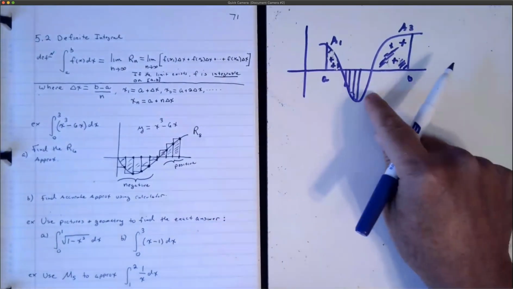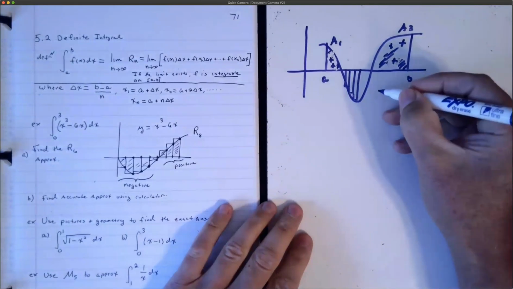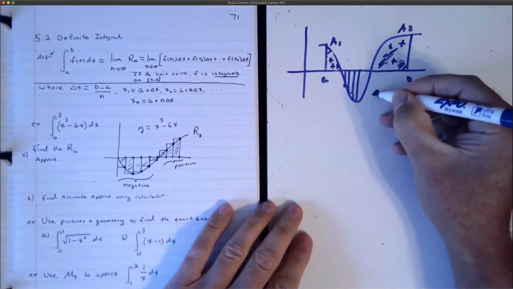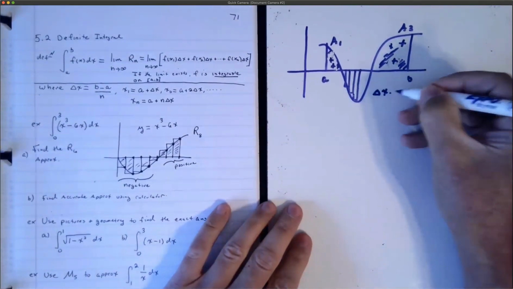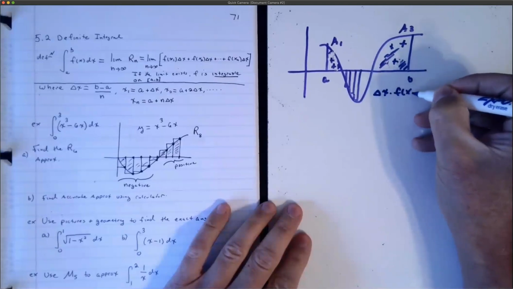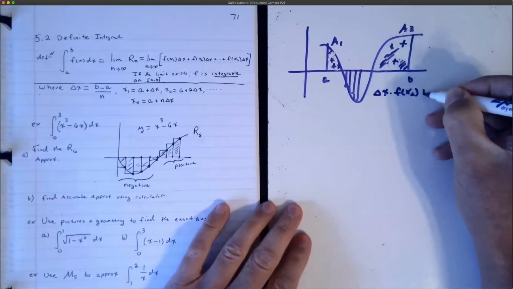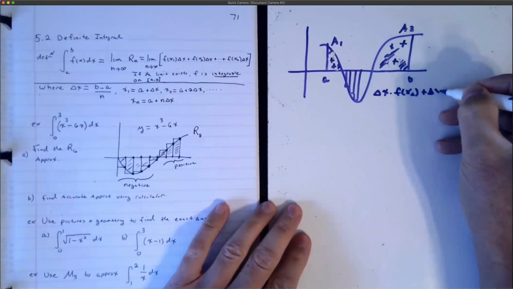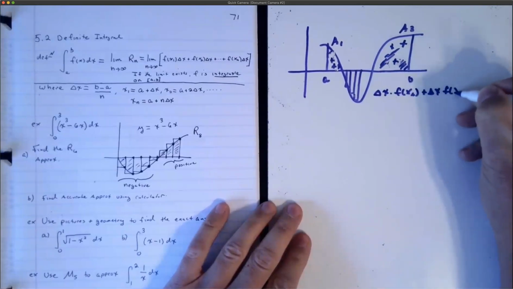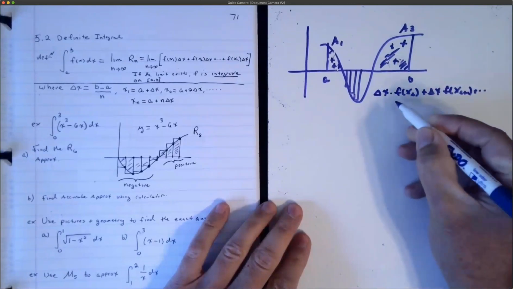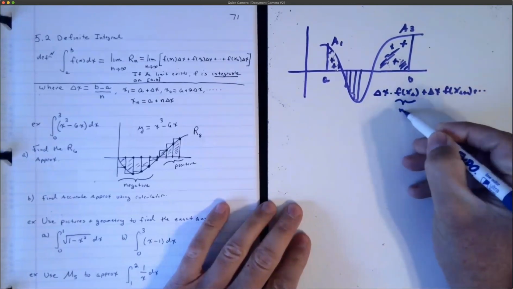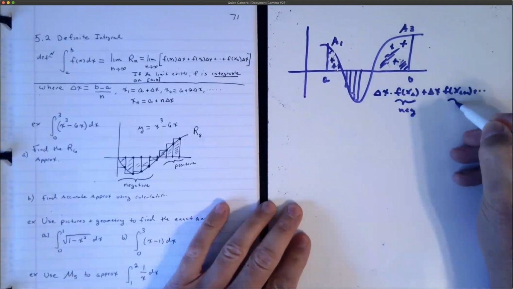So what we would say is those areas would be of the form delta x times f of xi plus delta x times f of xi plus 1, and so forth. But these terms here are negative, right?